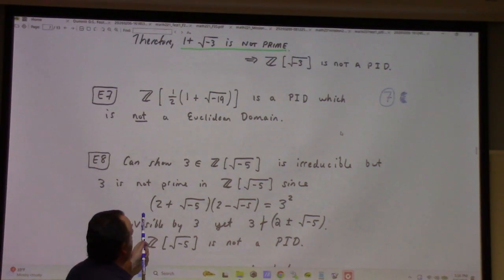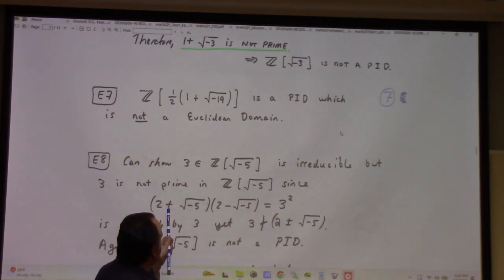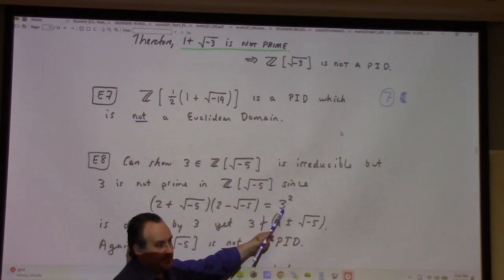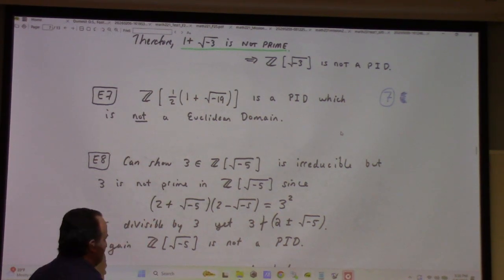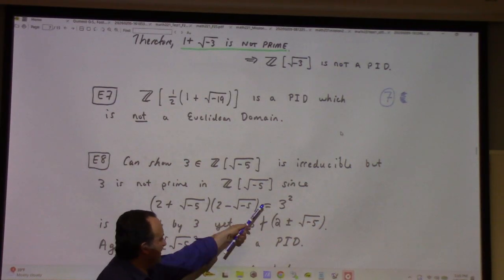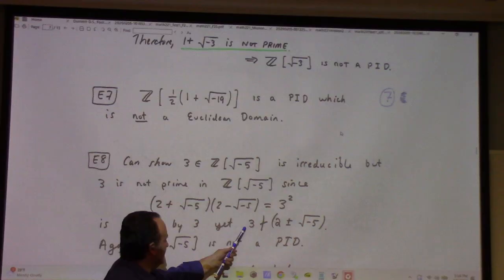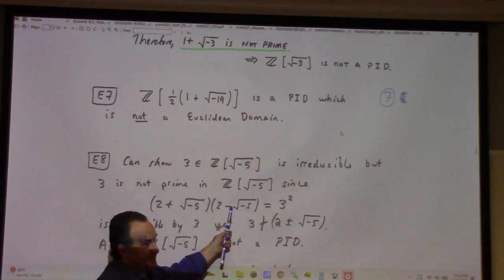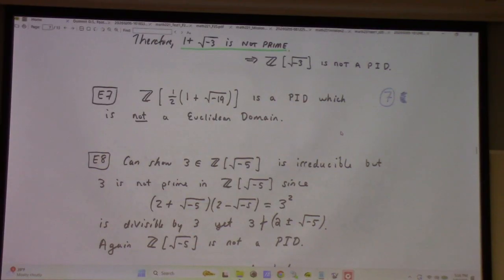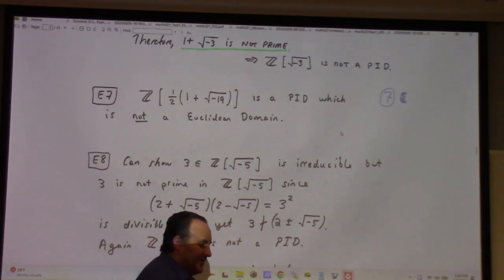If we look at 2 plus root minus 5 times 2 minus root minus 5, it's equal to 3 squared, all right? So this is divisible by 3, yet 3 does not divide this or that. Consequently, 3 is not prime. And again, this is not a PID.